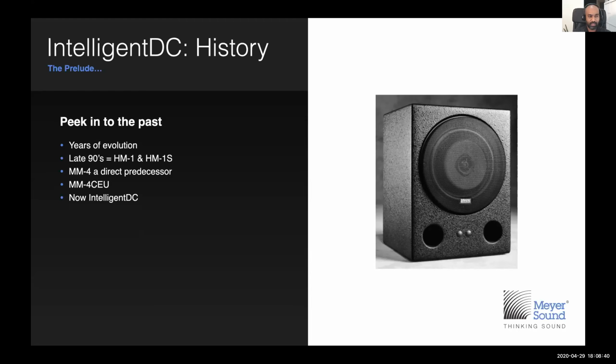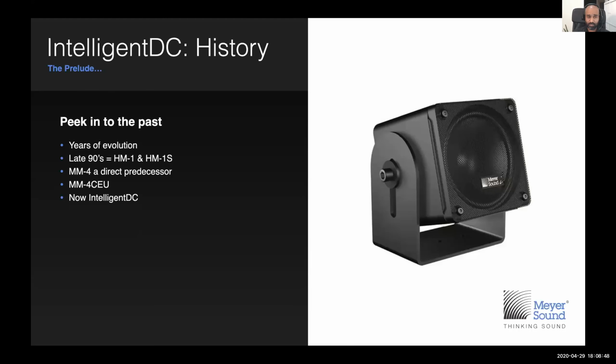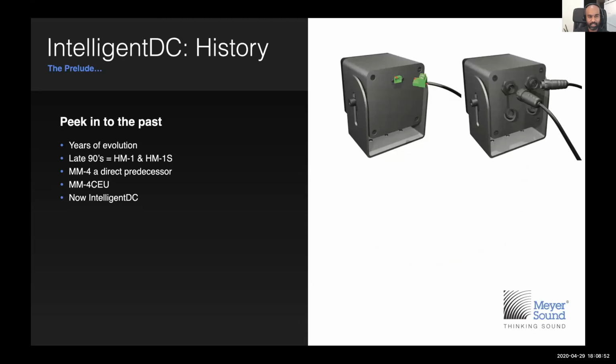Then the MM4, no, that's not a typo. I did not forget to put the XP there. There used to be a version called MM4, which doesn't look very different from the MM4 that we all know and love today. But if we take a look at the back, you will see that it is not the same. It is actually a passive loudspeaker and very different from what we have today.